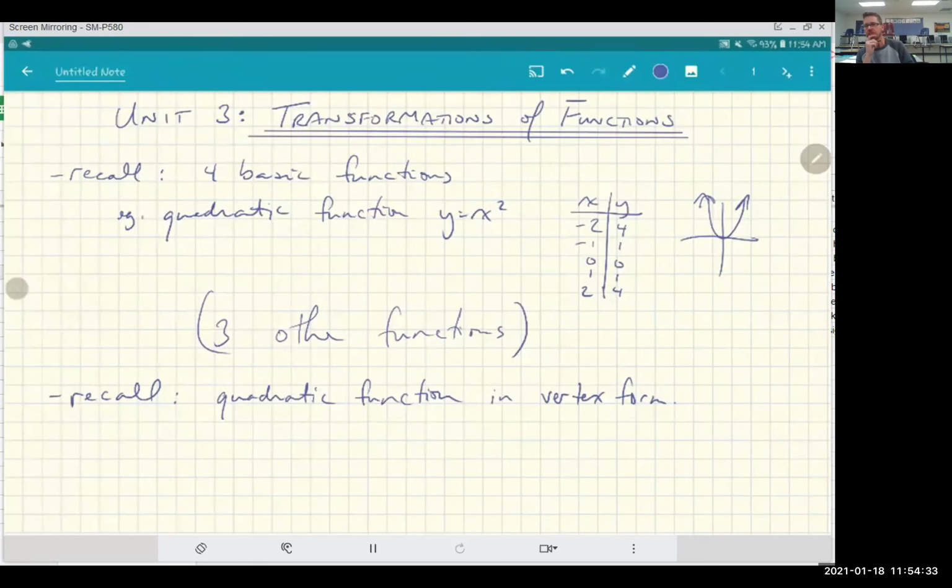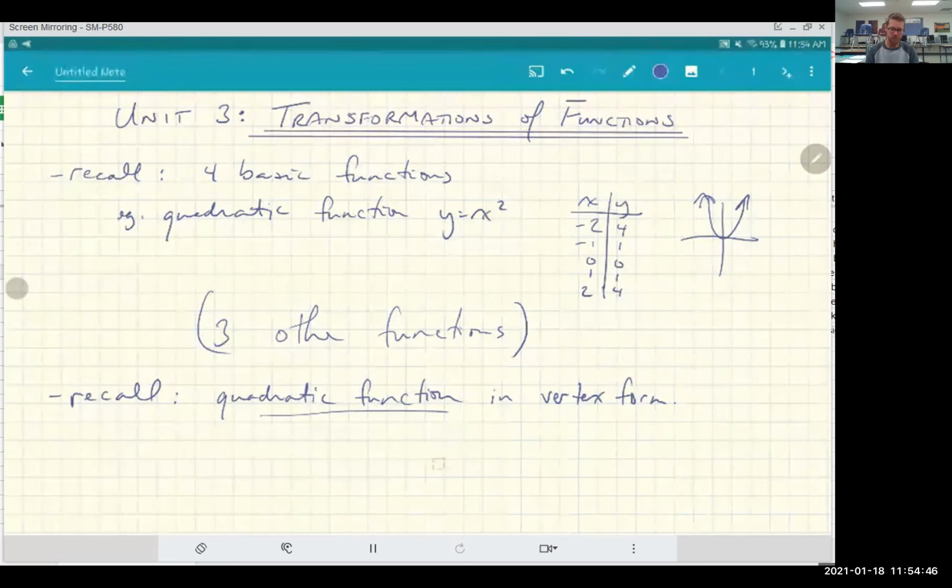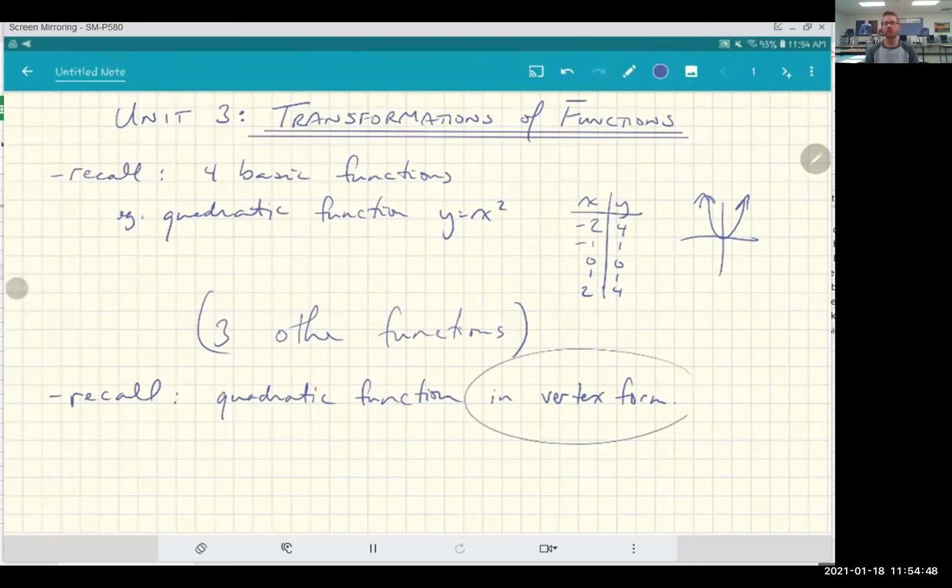And what I want to do now is I want to as well build on some previous knowledge that in grade 10, we spent tons of time exploring the quadratic function, right? And we learned about it in several forms, but when we look at the quadratic function in vertex form, this is going to be pretty instructive of, and similar to how we're going to explore our functions in this unit, okay?